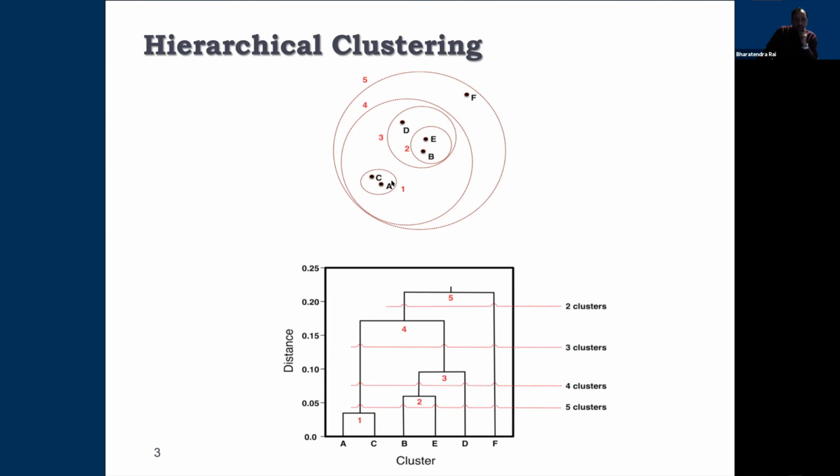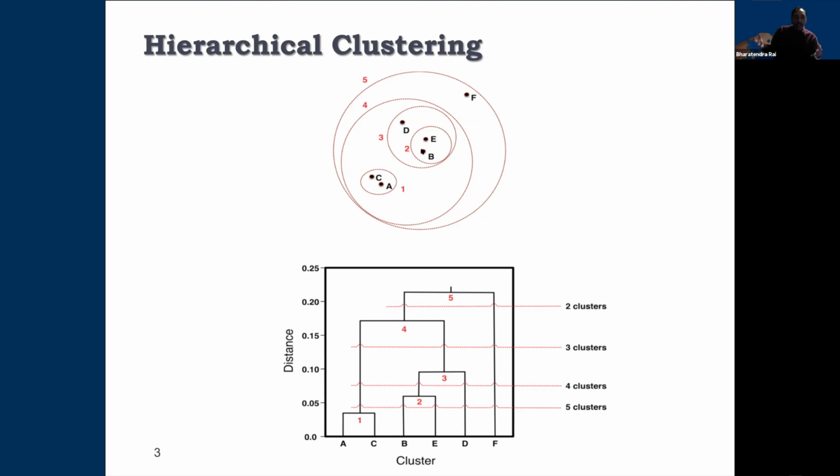If you look at 6 companies, A, B, C, D, E, F, and suppose the distance between them measures something about some parameters or variables and converts them into some kind of distance, then we find that the distance between A and C is very less. We can make the first cluster by grouping these 2 companies together. Similarly, B and E also have less distance, so probably that can form the second cluster.